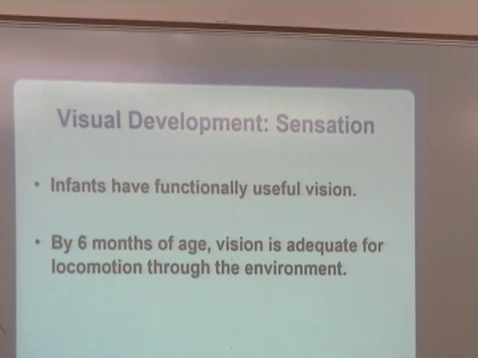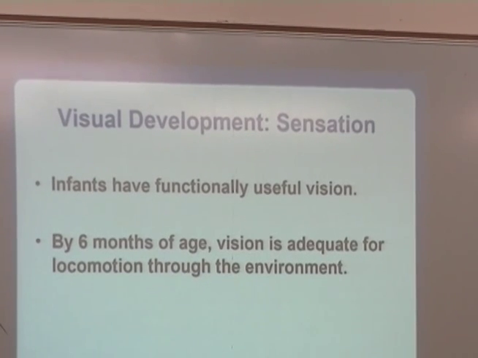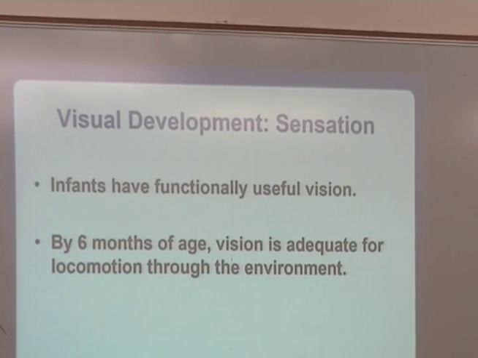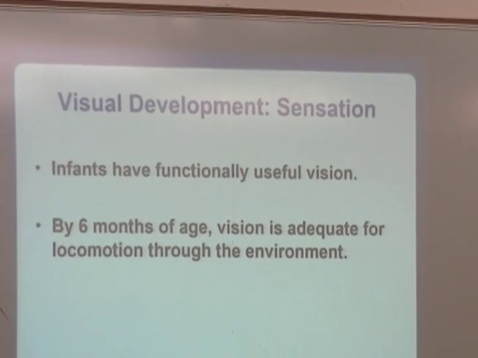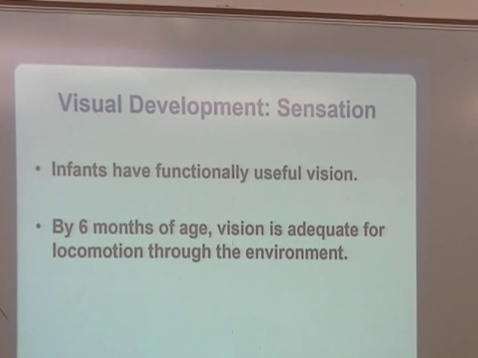So, children, infants, when they're newborn, have some functionally useful vision. Their vision is pretty poor. They can see outlines and kind of identify that this is not the same as this. They don't see details at all well.